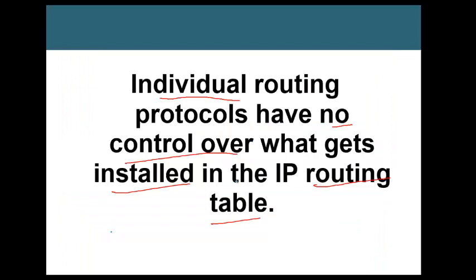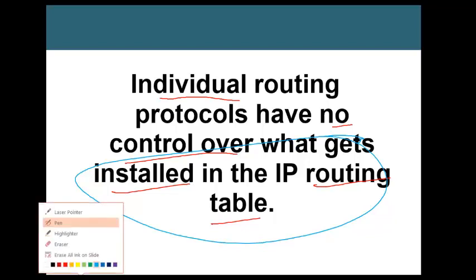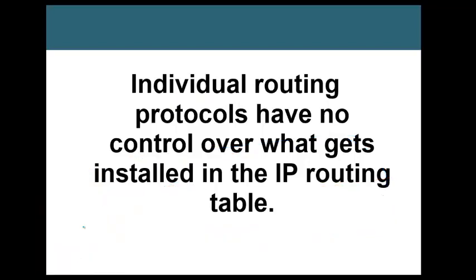Individual routing protocols have no control over what gets installed into the IP routing table. Routing protocol has got no control. Because I'm BGP, you have to listen? No. The routing table will say, I don't care about the routing protocol. I take your recommendation if your administrative distance is lower. That's all.